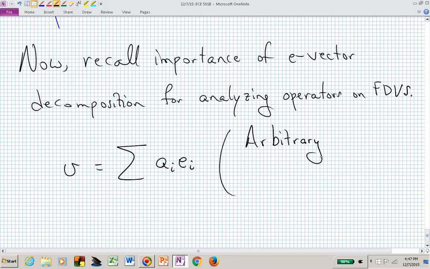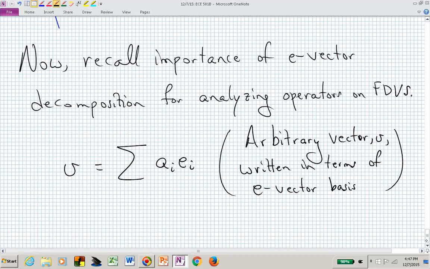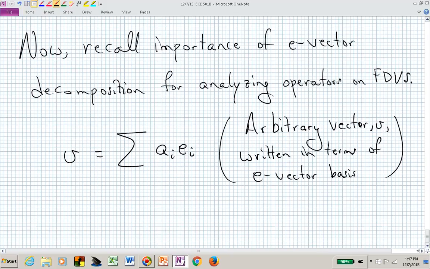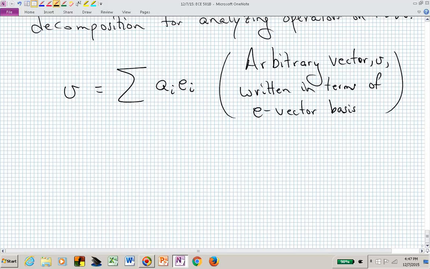Meaning any arbitrary vector V can be written in terms of the eigenvector basis. So that now if we have any vector that we want, we can basically say how the operator will respond to that vector.